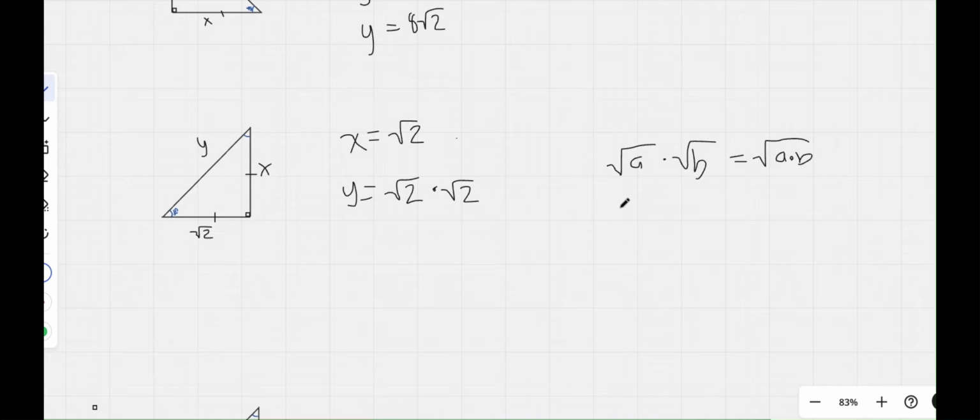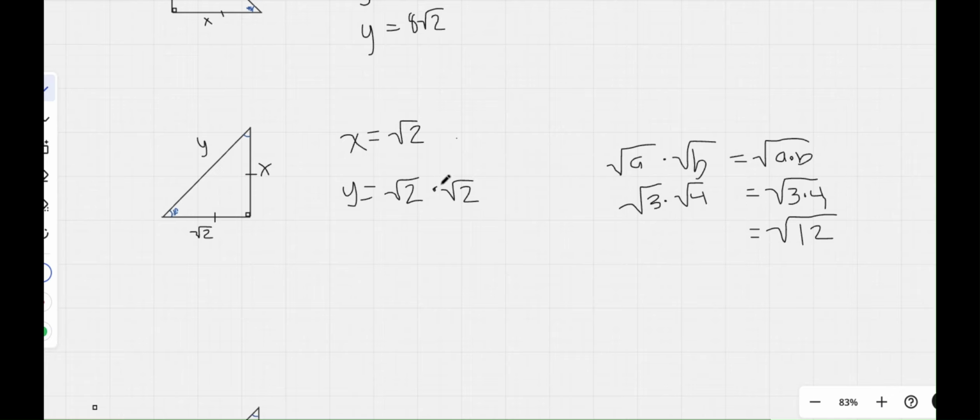So for instance, if we had the square root of 3 times the square root of 4, that's equal to the square root of 3 times 4, which would simply be rewritten as square root of 12. Now we would have to do some further simplification here, but for the sake of examples, you get the picture.